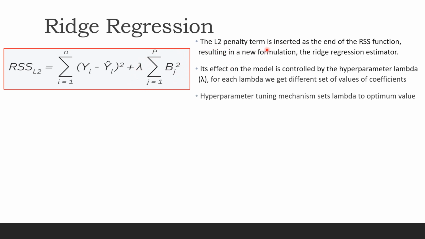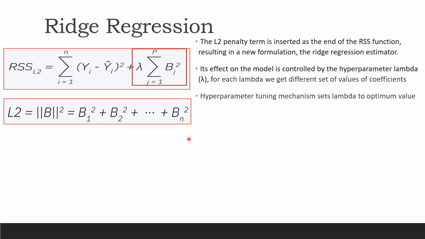This is the L2 penalty term inserted at the end of the RSS function. We already know that this was the RSS function. Now we are inserting the L2 penalty term on it, and this lambda is the hyperparameter which we are going to tune, to check which particular lambda will give us the least total error. This is what we are targeting in ridge regression.